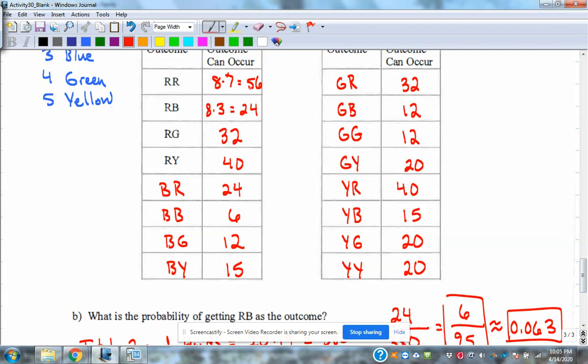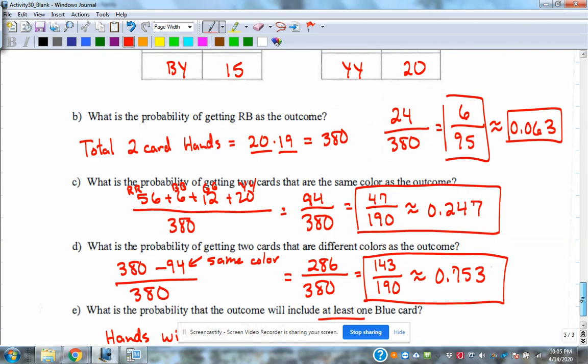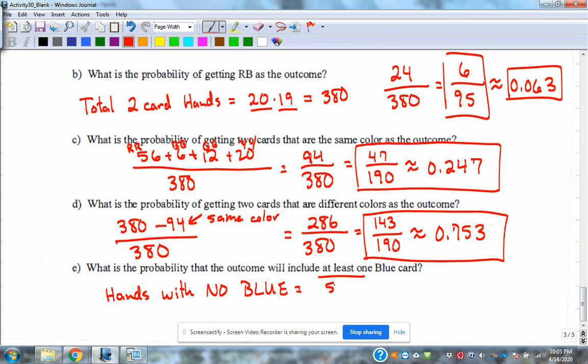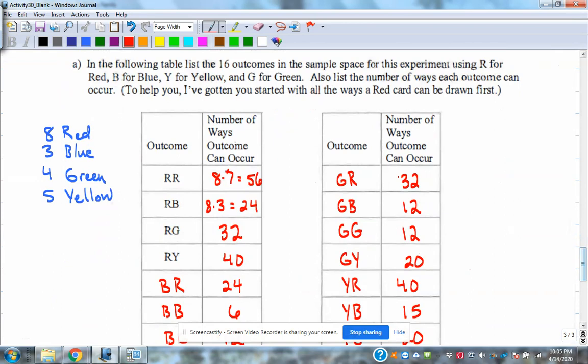So 56, 32, 40. We'll add those up. 56, 32, 40 plus 32, 12, 20.